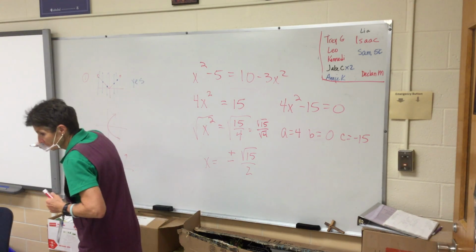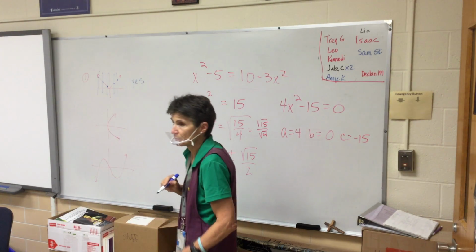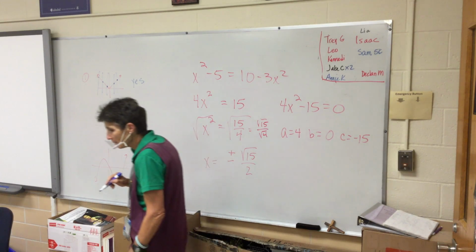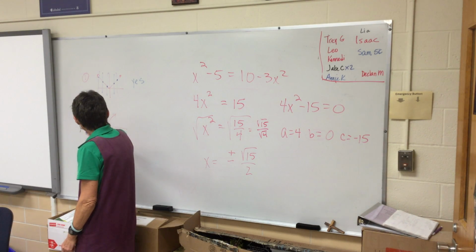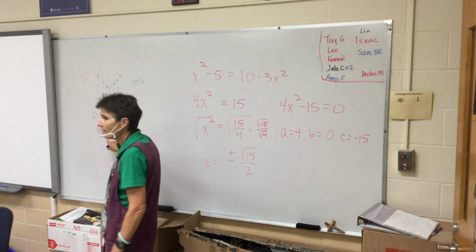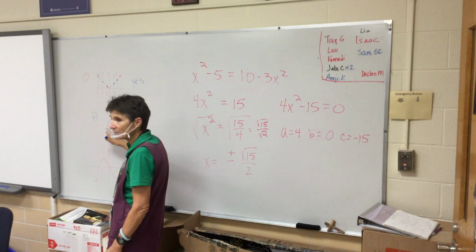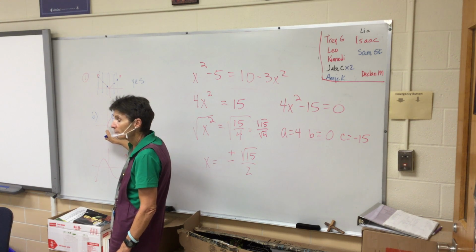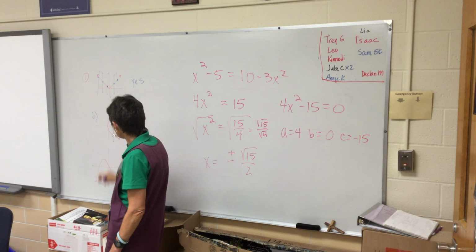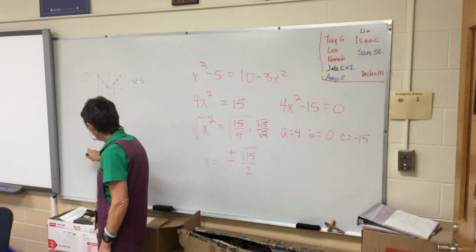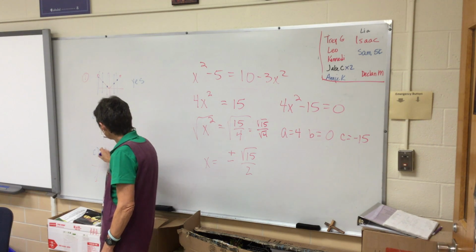The question is, which are functions? That's a yes. What about B? This is B right here. It's a no, because when I draw that vertical line down, it hits here and here. And remember, they can hit no more than once. So that's a no. What about C? This is a squiggler. That's a yes.